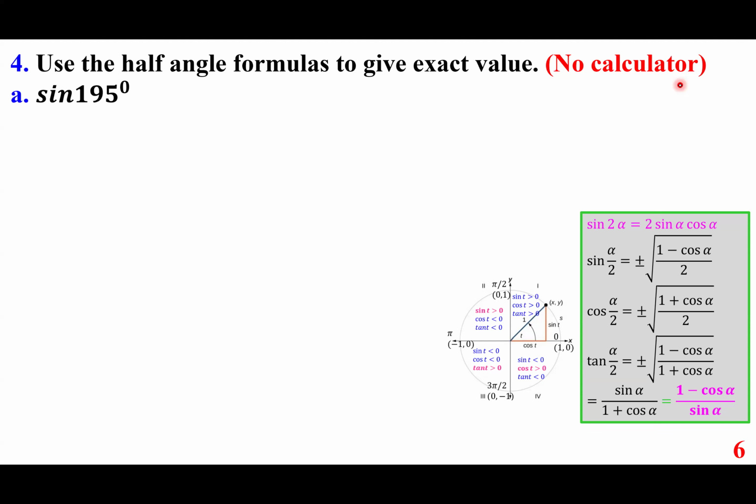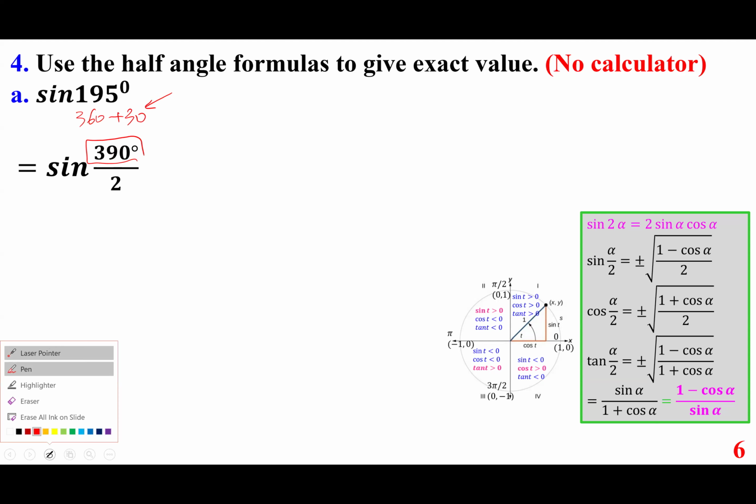So 195 is half of 390 degrees. And the reason I want you to use that is because 390 degrees is a common arc. Please understand why you're using this. This is 360 plus 30, which makes it 30 in essence.